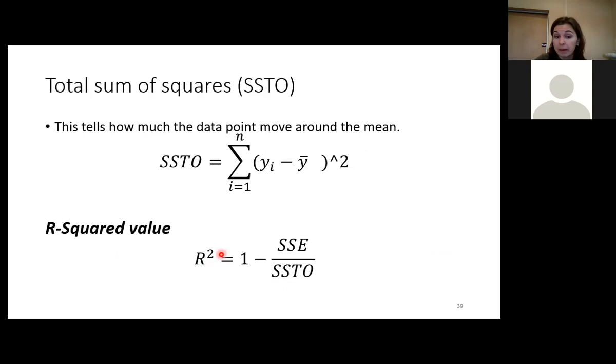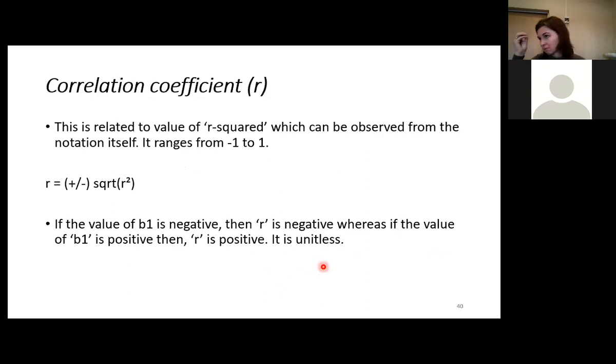So the R-squared value is calculated as 1 minus the sum of squared errors divided by the total sum of squares. You may also use this equation. And some additional points about the correlation coefficient.